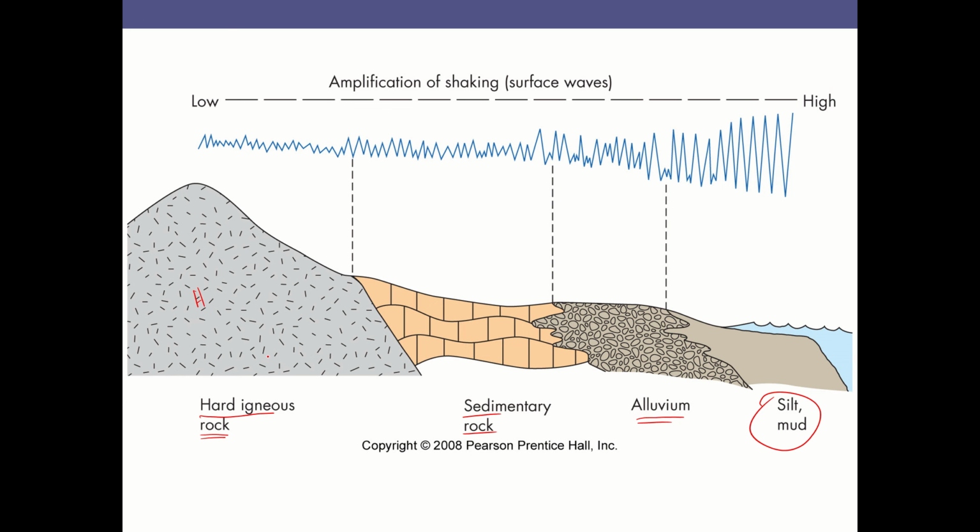Depending on the surface and on how the landmass is made, the amplification or the shaking can vary. For example, if the substrata is something like hard igneous rock, then the earthquake that is felt is slightly low. The shaking is low.